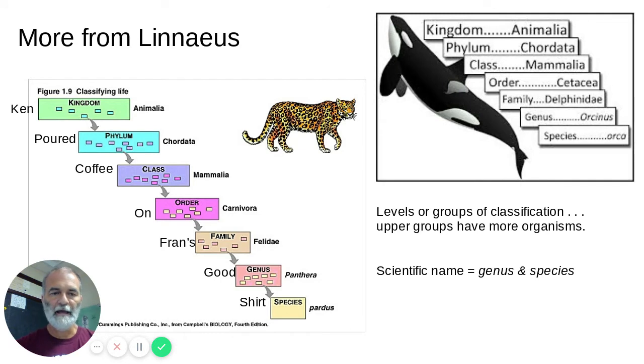So you can see I have something for the Panthera pardus, and I have something for the Orcinus orca. So those are their scientific names, their genus and species name. But you can also look and you can see that the Panthera pardus is in the Felidae family, which is the cat family. And it belongs to the order Carnivora, which is carnivores.